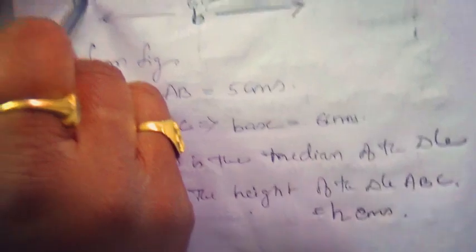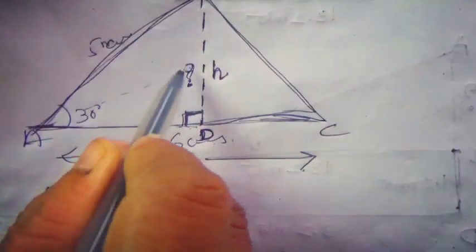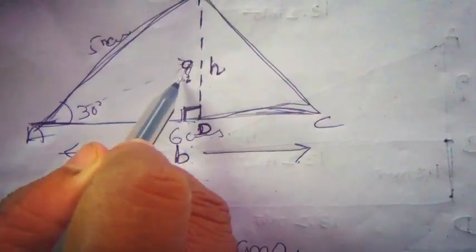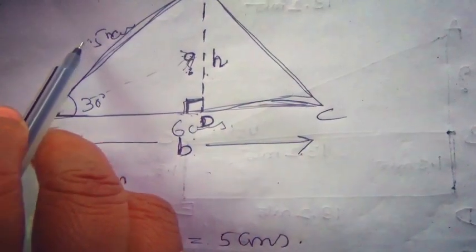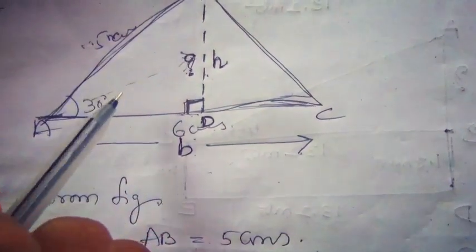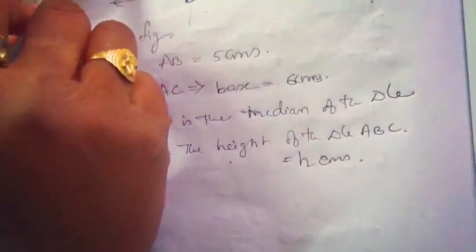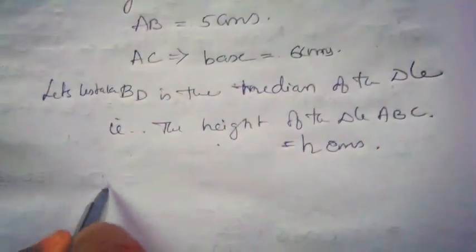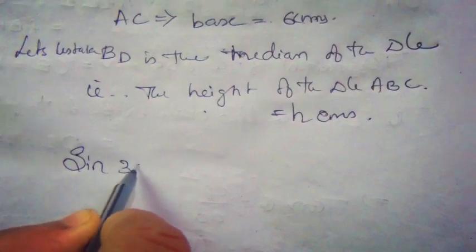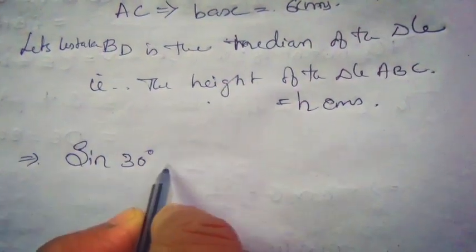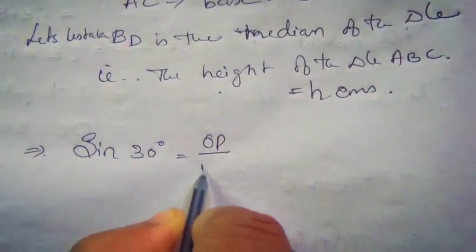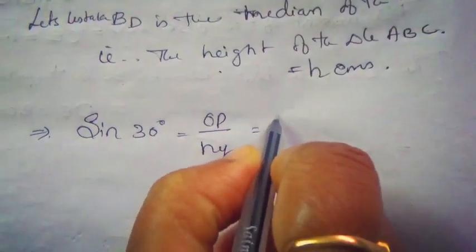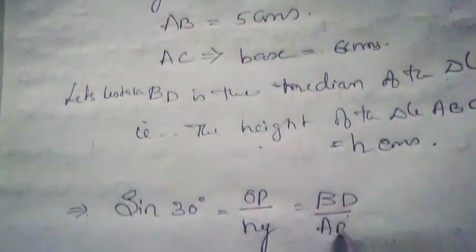So look at here, from this angle A, we have the opposite side and the hypotenuse. So which trigonometric ratio has the opposite side and hypotenuse? That is sine. So sine 30 degrees is equal to opposite by hypotenuse, that is BD by AB.